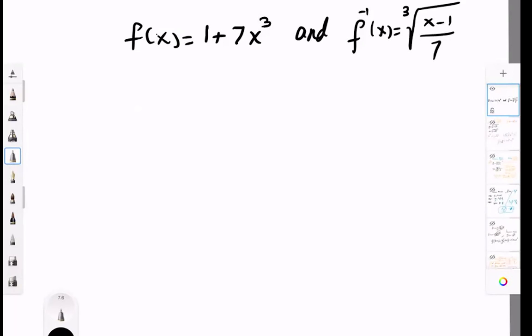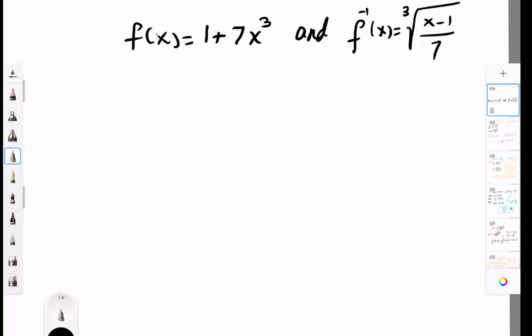So sometimes instead of asking you to find the inverse, I will give you another function and ask you guys, are these two functions inverse of each other? Or a question like this, is this the inverse of that? We don't want to go through all the steps, find the inverse and compare it. That would be too much work.